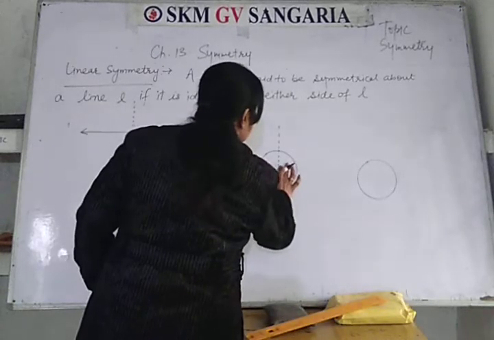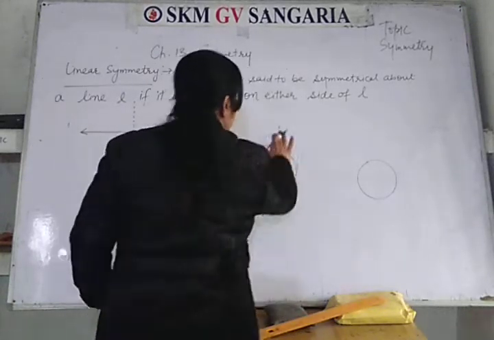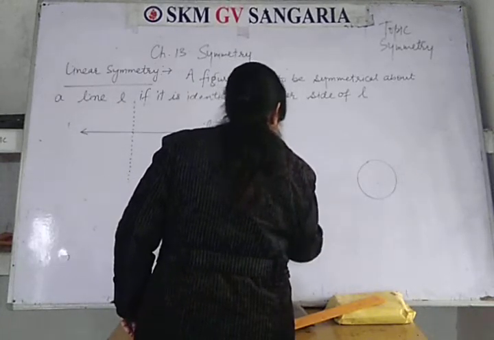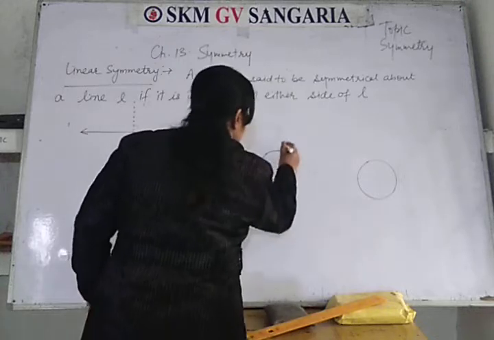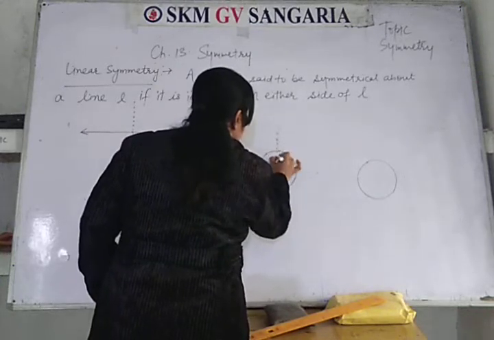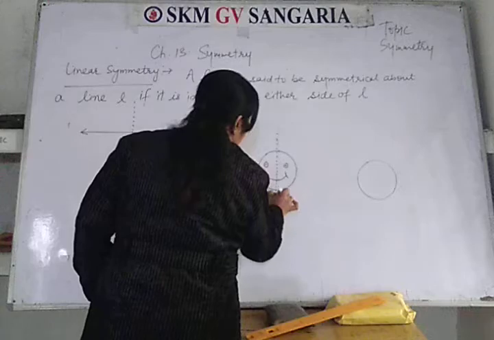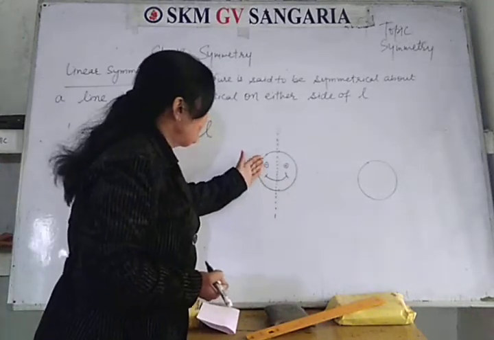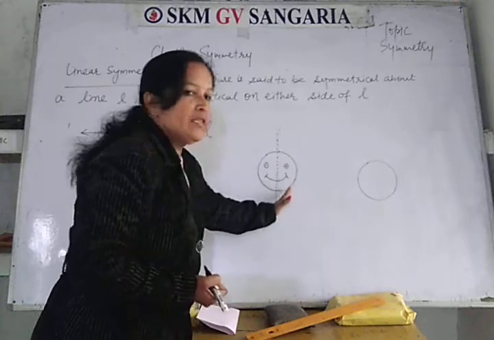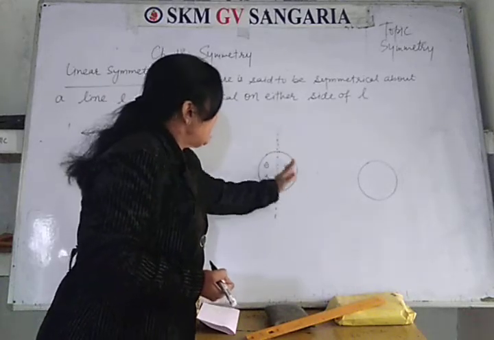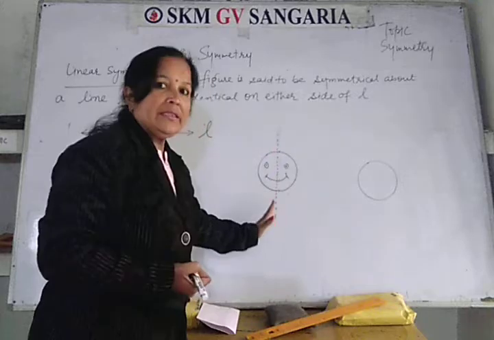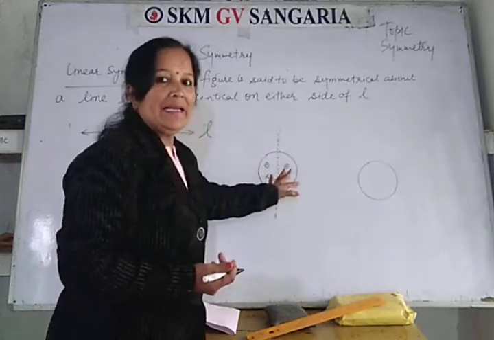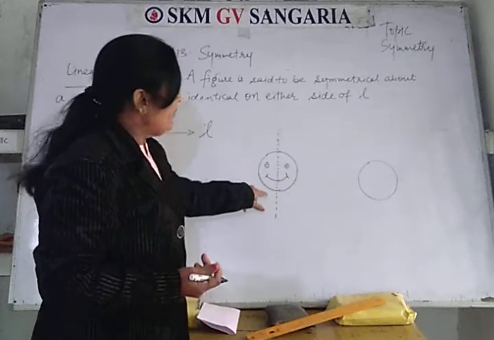You can see this line is dividing this smiley into two equal parts. You can draw it freehand. You can see an eye here, and half of the smile also. This dotted line is the line of symmetry which is dividing this smiley into two equal parts.